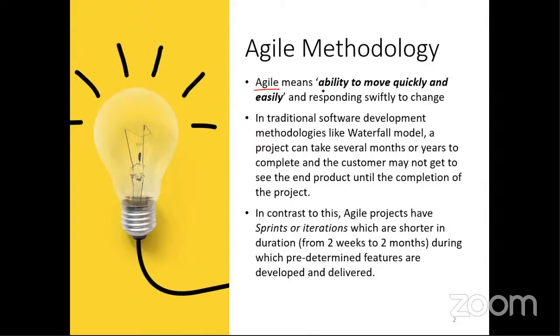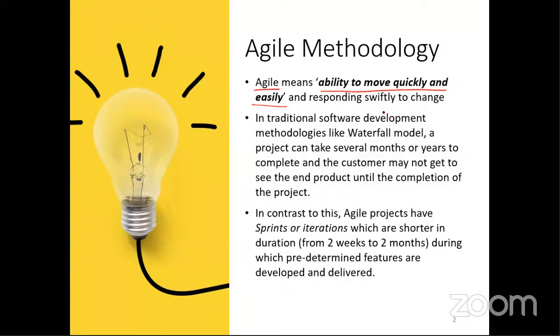Agile is basically the ability to move quickly and easily and respond swiftly to changes. In traditional software development methodologies like the waterfall model, a project can take several months or years to complete, and the customer does not get to see the end product until the completion of the project.